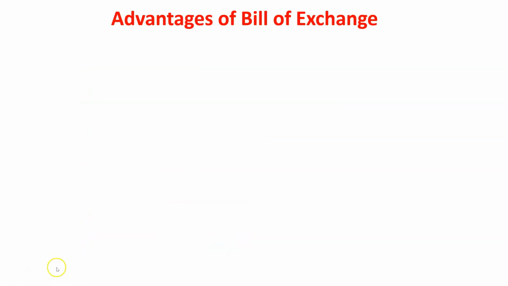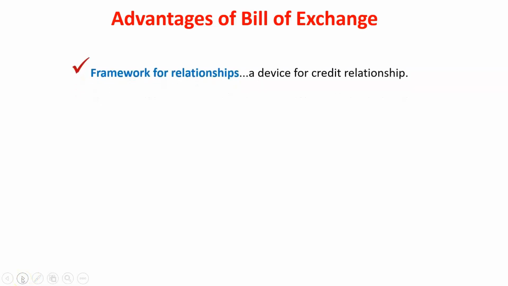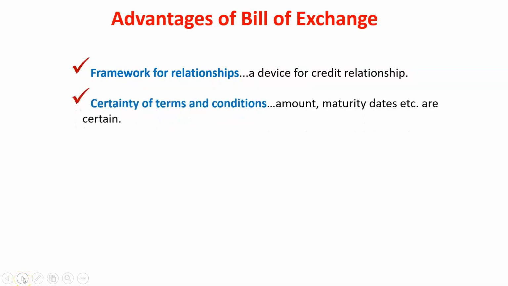Bill of exchange provides some very special advantages to both a buyer and a seller. For example, it provides a framework of credit relationship between a seller and a buyer. Since the amount and maturity dates are specifically mentioned in the bill of exchange, it provides certainty of terms and conditions to the parties to the bill of exchange.